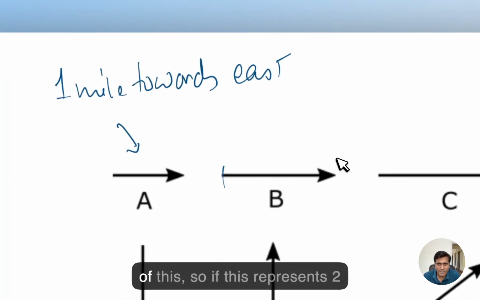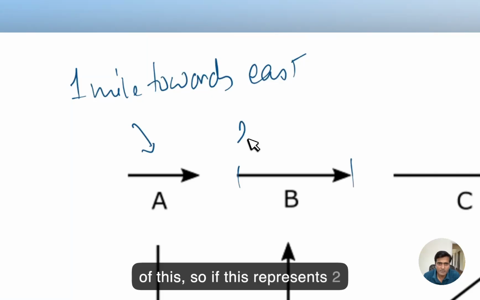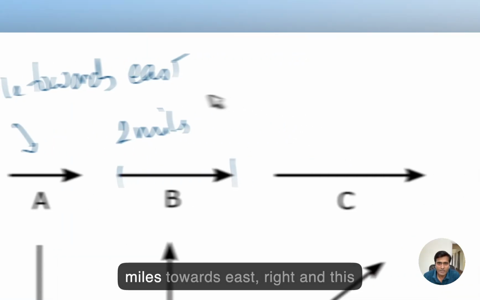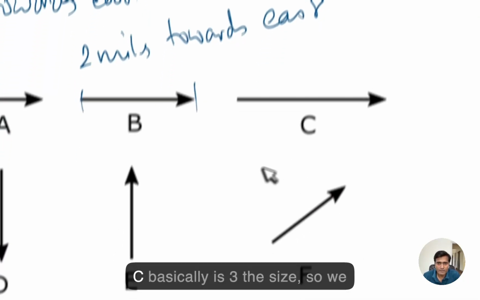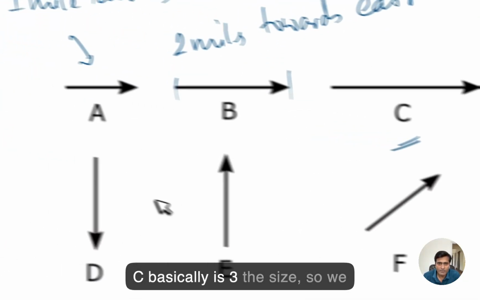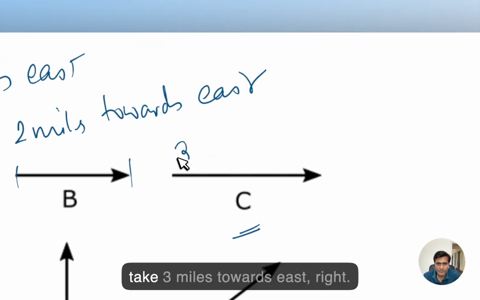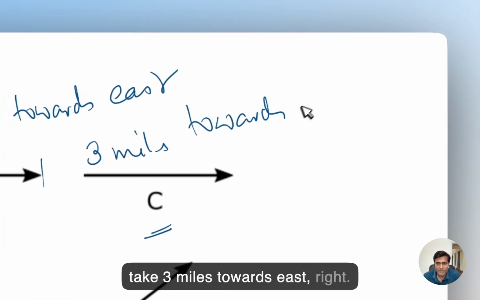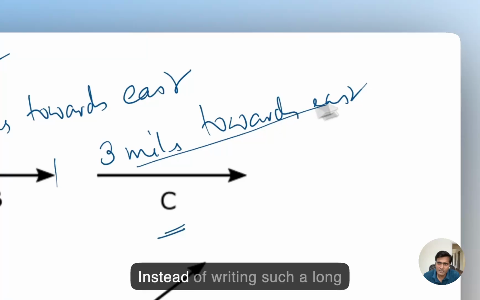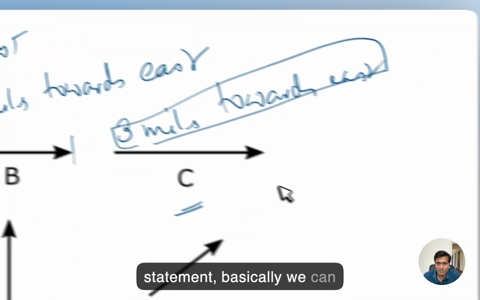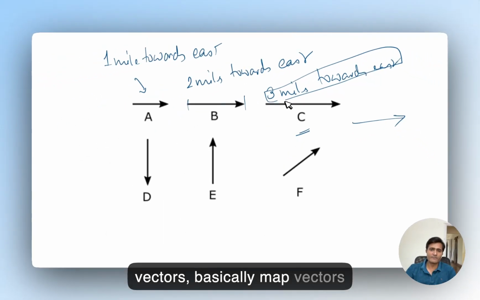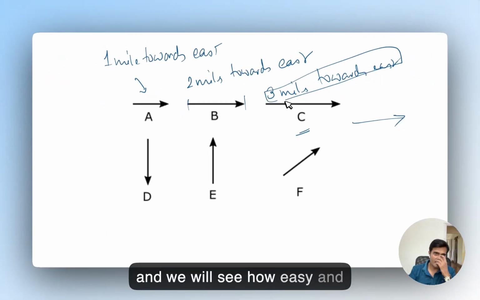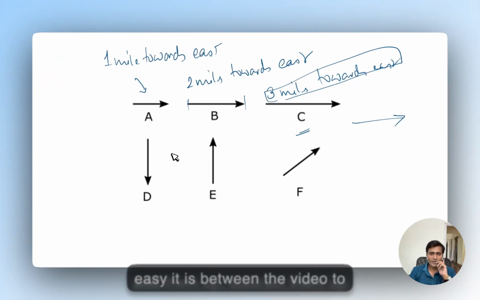This arrow is double the size, so this represents 2 miles towards east. And this one is three times the size, so we take 3 miles towards east. Instead of writing such a long statement, we can simply use arrows to display vectors, and we'll see how easy and useful it is later in the video.